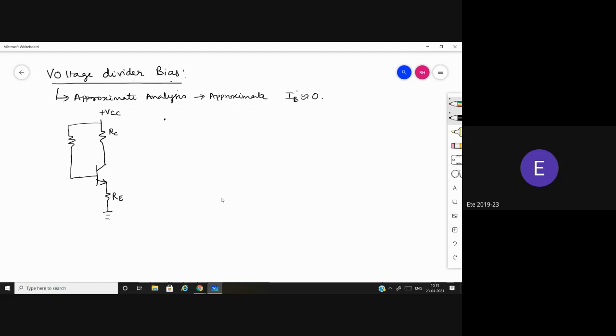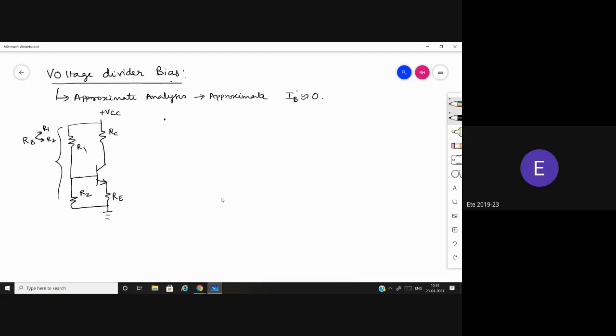In emitter stabilized bias, we had a single base resistance. This single base resistance is going to be split into two parts, R1 and R2, like this. The combination of these two, how can you find the effective resistance?